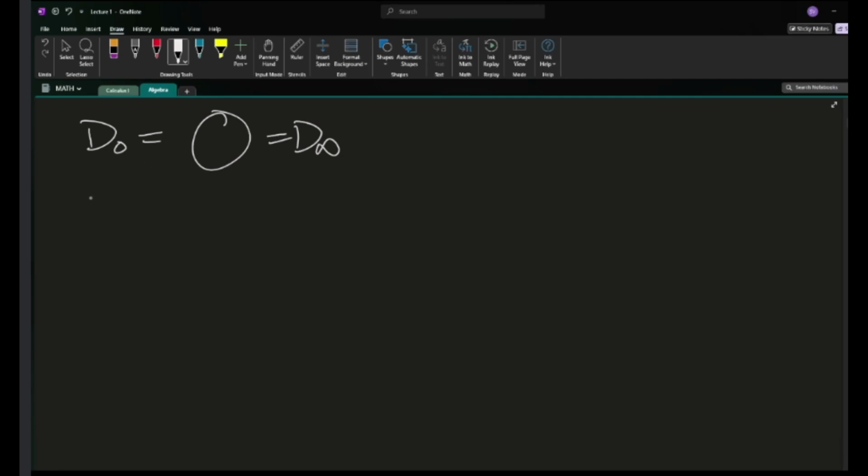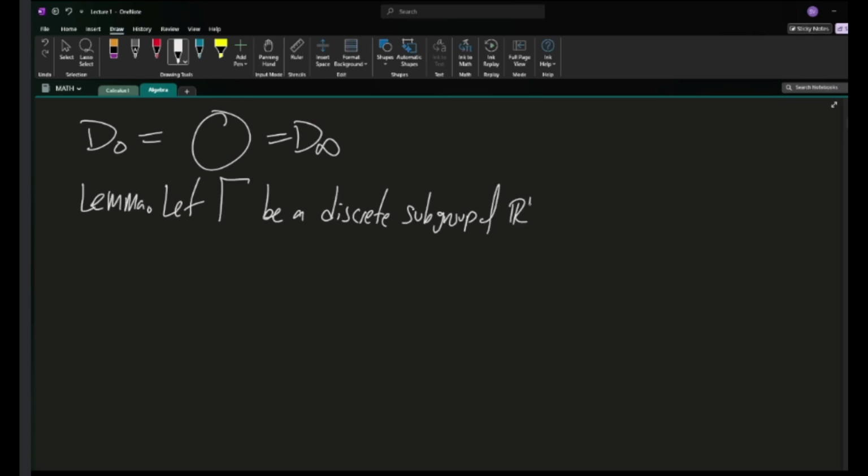So last but not least, let gamma be a discrete subgroup of Rn.